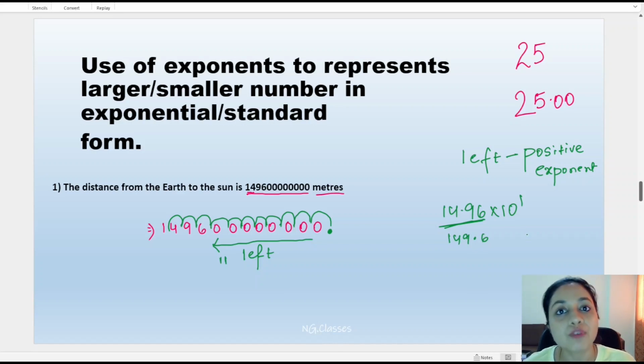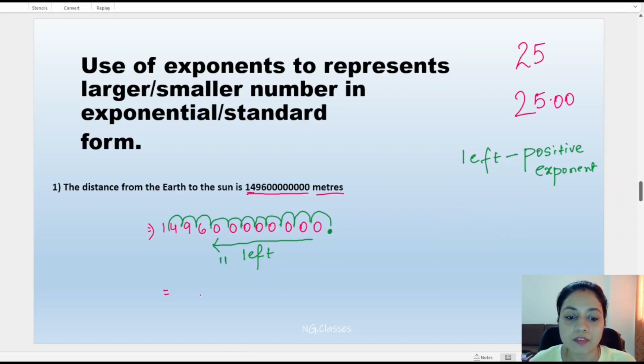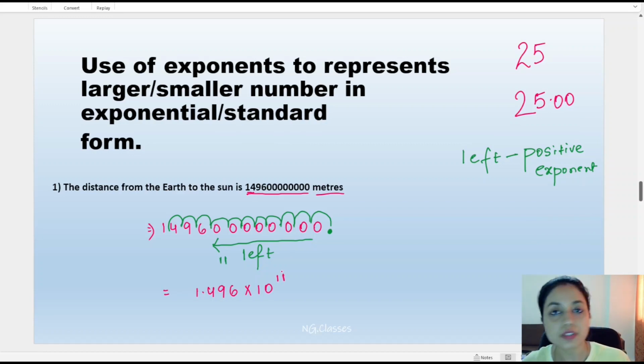So we will take 1.496. Let's write it. So it became 1.496 times 10 to the power 11. Positive 11 as the direction is left. Whenever we are moving towards the left direction, the power will be positive.